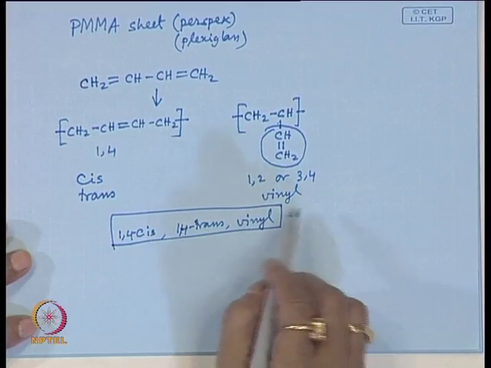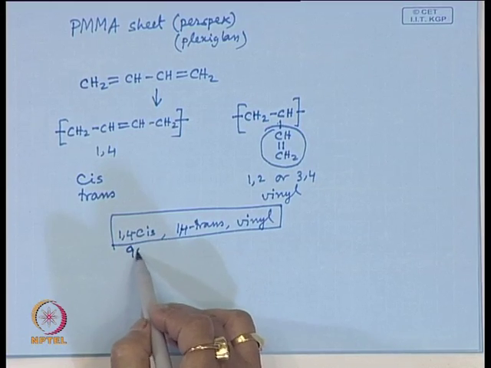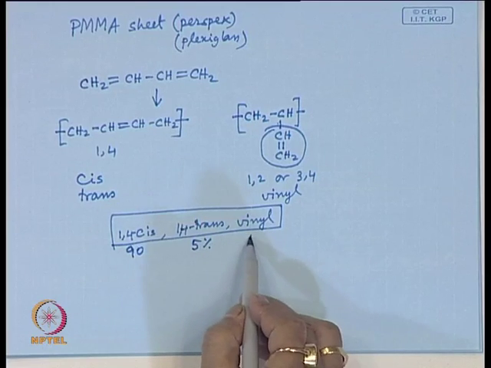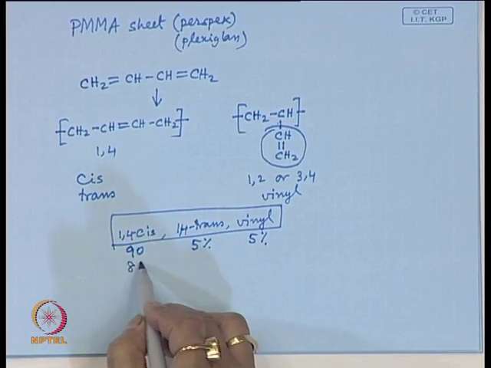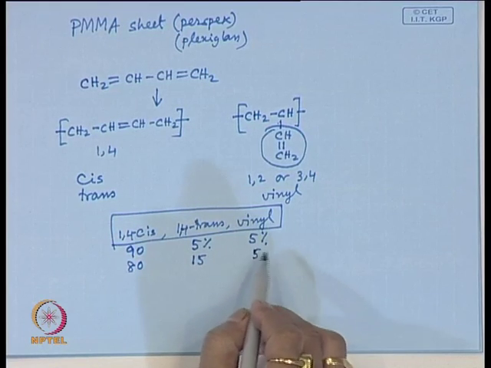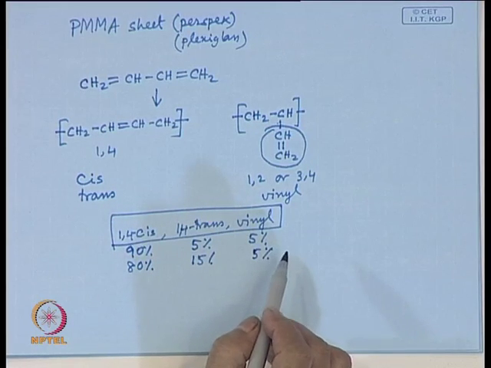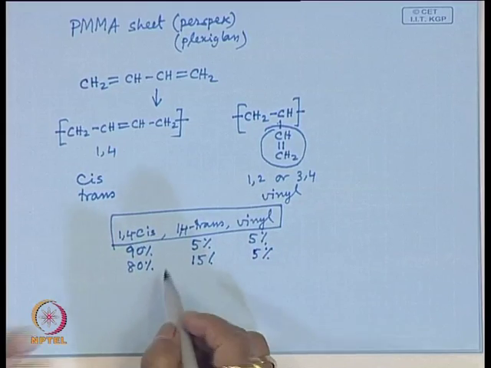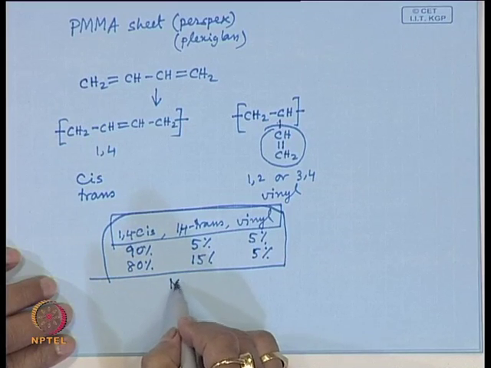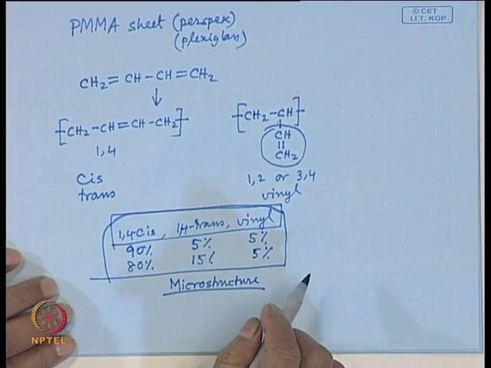Now, this composition, suppose the maximum may be 90%, and the others 5% and 5%, or it may be 80% and 15% and 5%, like this. So, overall, looking at this composition, this will control the polymer microstructure.